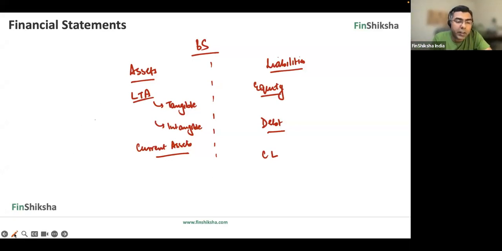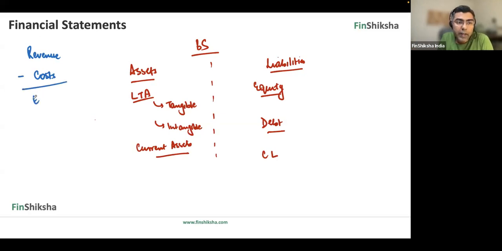P&L is a fairly straightforward statement. You will see revenue, which is the top line or sales. Whatever you're selling, what is the amount you have made by selling that, minus costs. These costs will include costs of the raw material, the goods that you're selling, employee cost, and other costs.